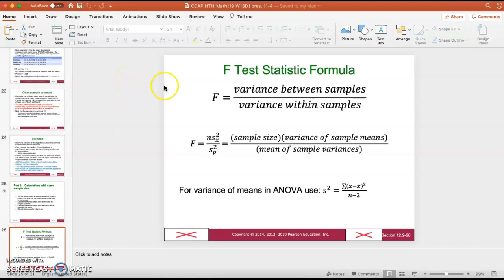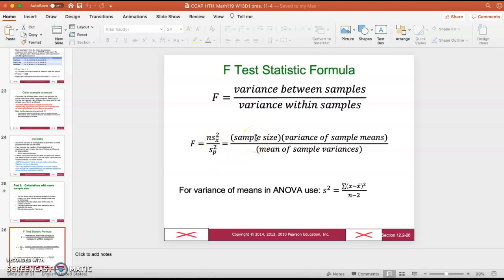Alright, so for doing the actual calculations to find the F test statistic, keep in mind it's still the variance between samples divided by the variance within samples. Now, this is what the actual formula looks like: F test statistic equals n times s squared sub x bar, divided by s squared sub p.